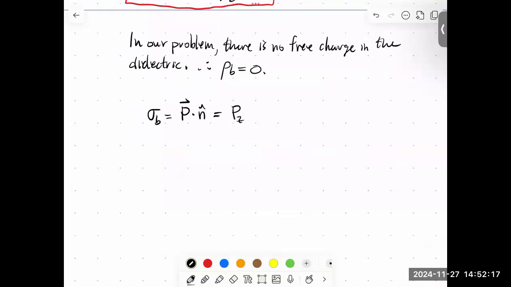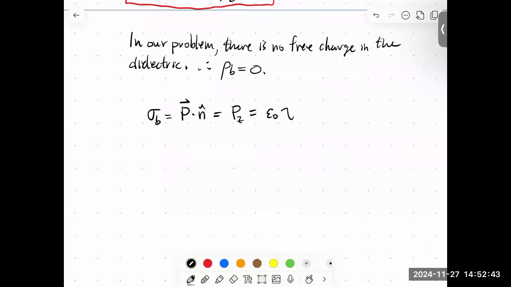That's just the z component of the polarization. But for linear dielectrics, this is proportional to the electric field, and it's the total electric field. It's the contribution from external fields, in this case, the field due to our point charge, plus the contribution due to the bound charge itself. And so we'll have to figure out both those contributions.